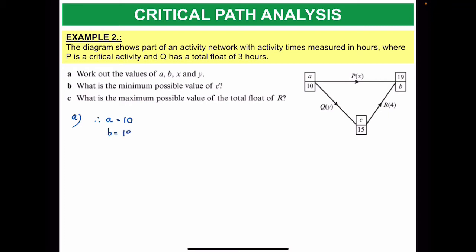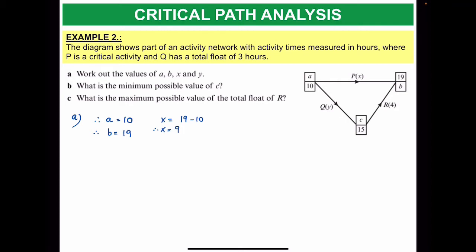And because it's a critical activity, then you know that the duration of the activity must be the same as the difference between the numbers on each side of the activity. So 19 minus 10, what is X, must be then 9, obviously.